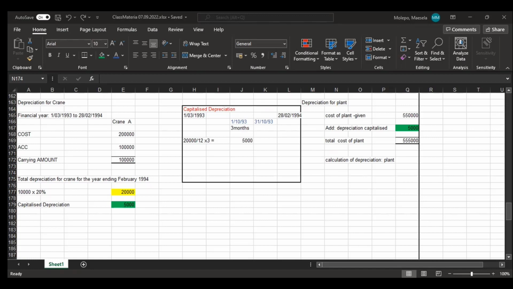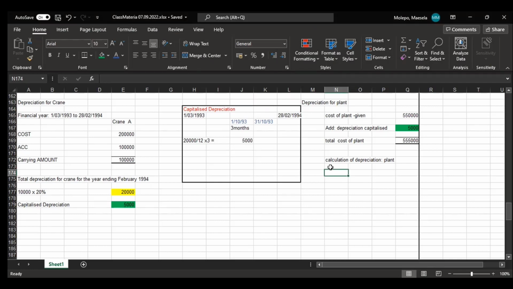They said the plant cost 550 before the capitalization, and the plant was commissioned on 1 January 94, the day that the plant started to be used. So the plant was used from 1/01/94 to 28/02/94, which is 2 months.